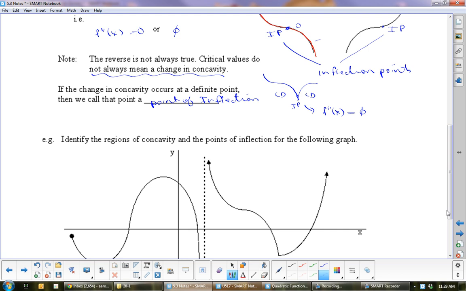Okay, so I just want to sum it up. To find CVs, which are points of inflection, that's when we want to find when f double prime x equals 0.